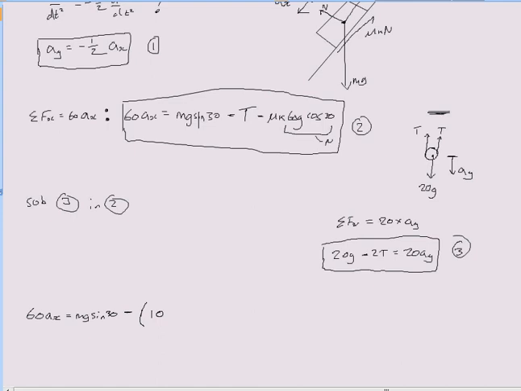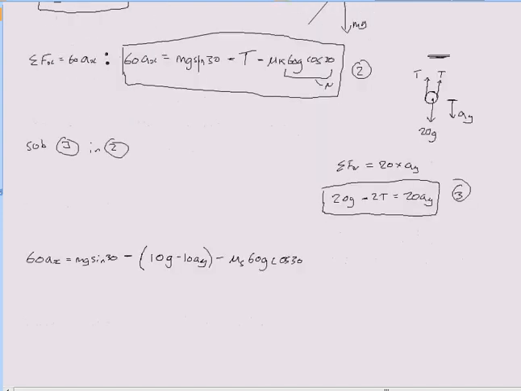It's going to be 10g minus 10ay minus mu_s 60g cosine 30. Bear with me. Alright, so that's one simplified equation right now.